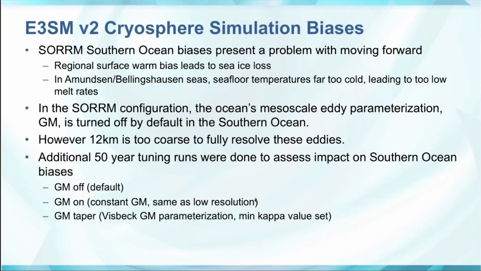So we've learned from V1 that the mesoscale eddy parameterization can have a strong effect on the state of the Southern Ocean. And the key difference between the low resolution and SORM configuration, apart from resolution alone, is that the GM parameterization is scale aware and is turned off when resolution gets high enough.